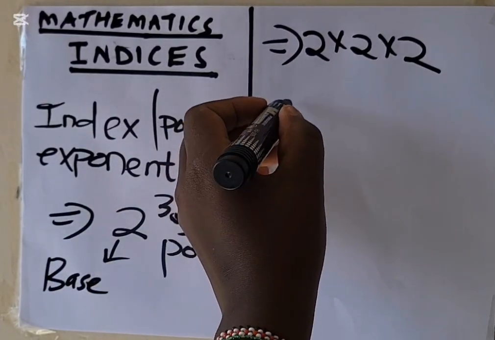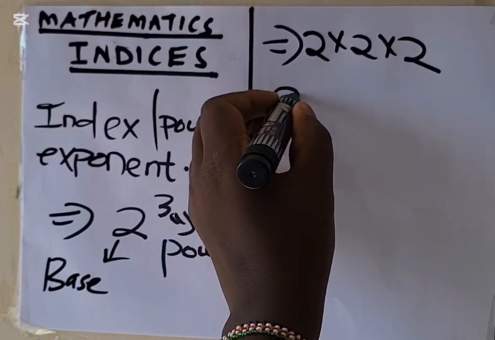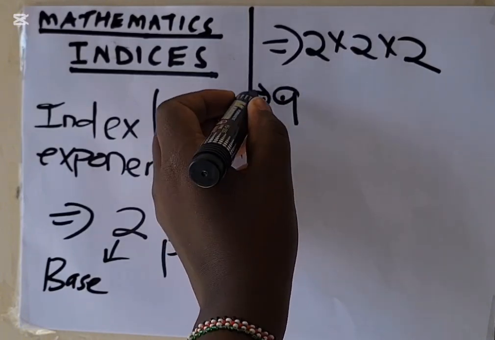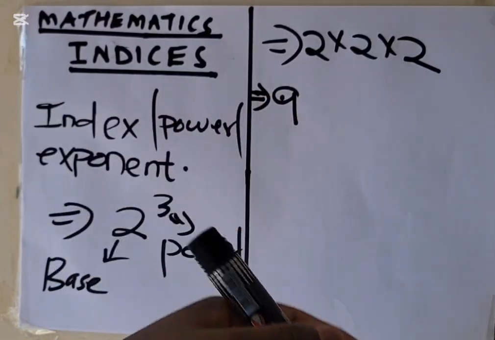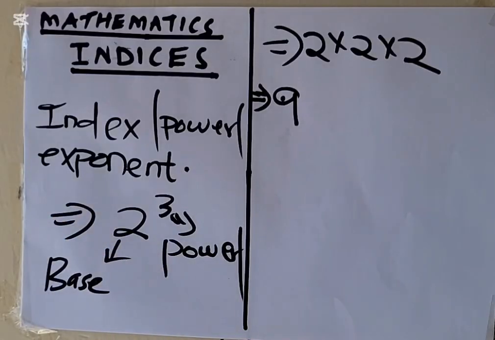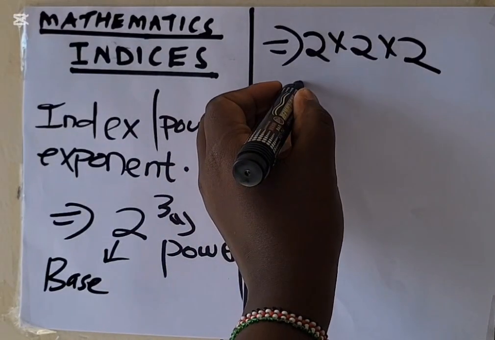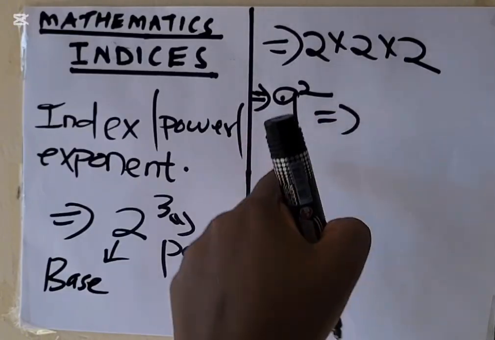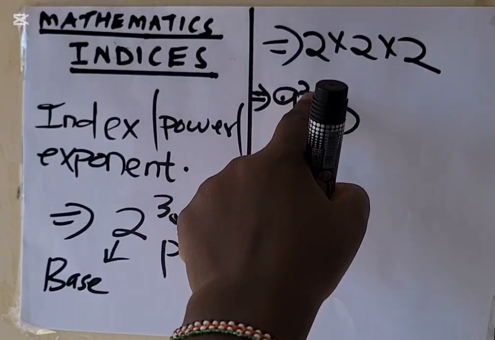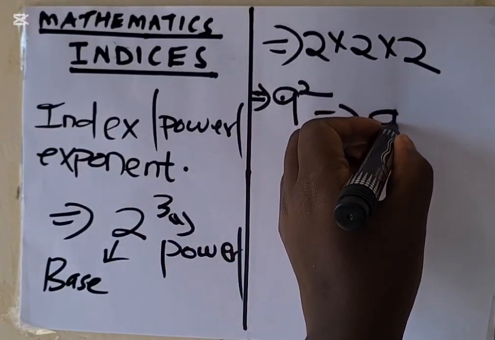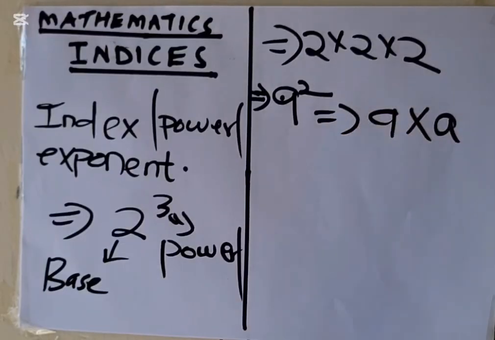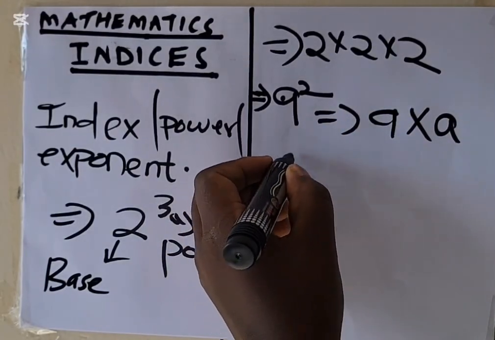It is the same when you write, for example, A. If you use something that is not 2, 3, A can be B, any letter. A raised to 2: this is the base and this is the power. This is the same as writing A times A. Now, what if I write A raised to N?